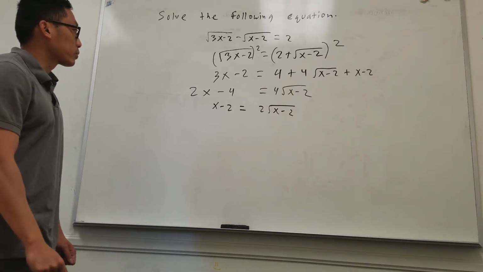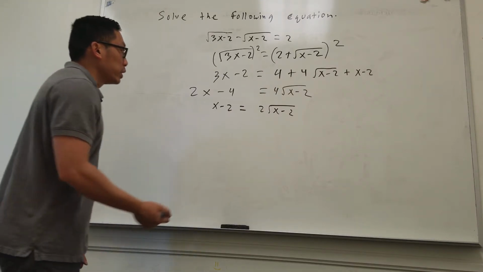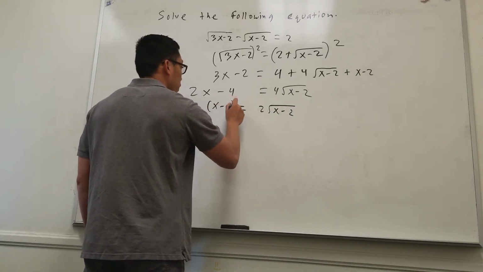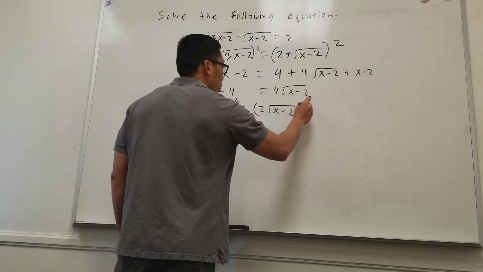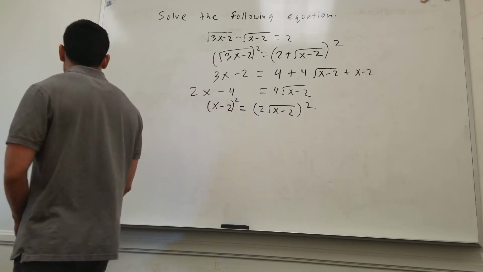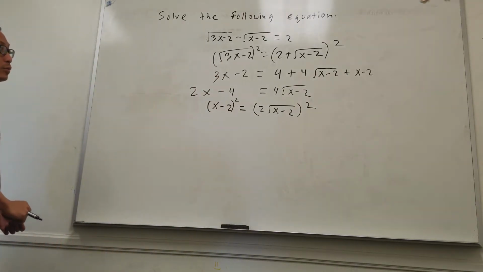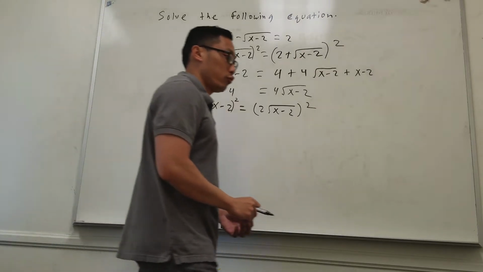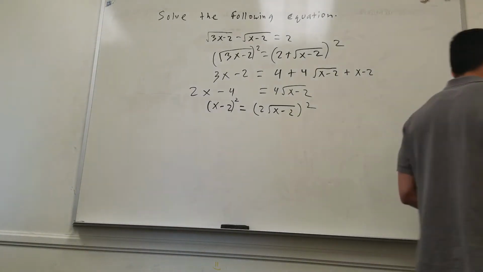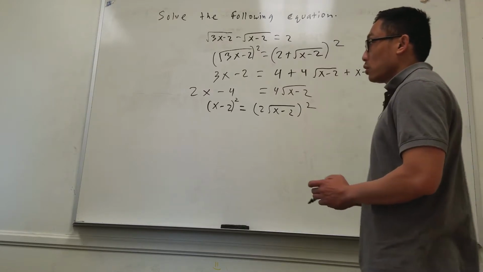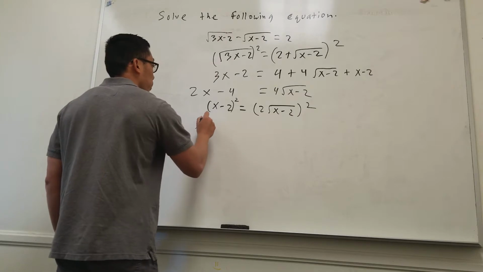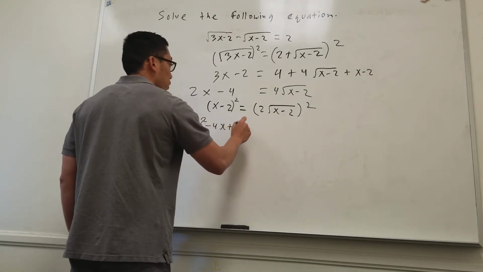So now we want to get rid of the square root of x minus 2. So I'm going to square both sides. Go ahead, take a second to work that out. So if I follow this, you're going to get x squared minus 4x plus 4.